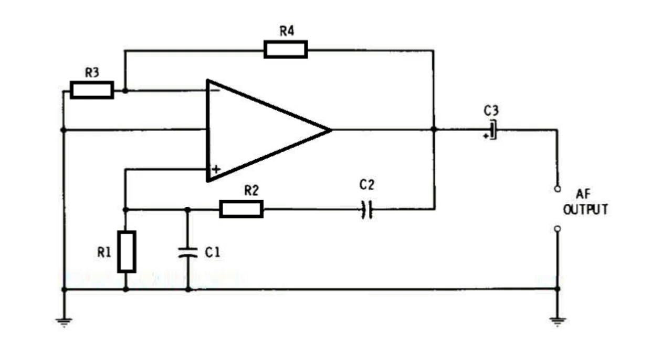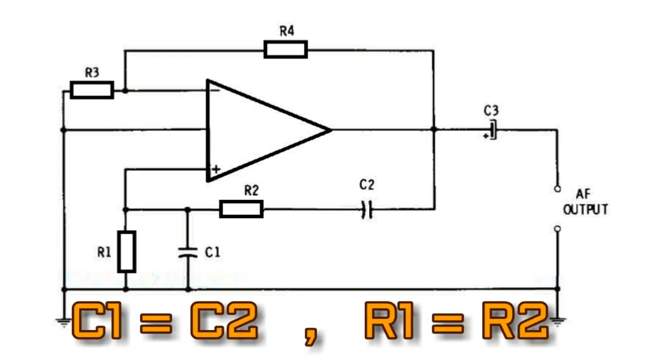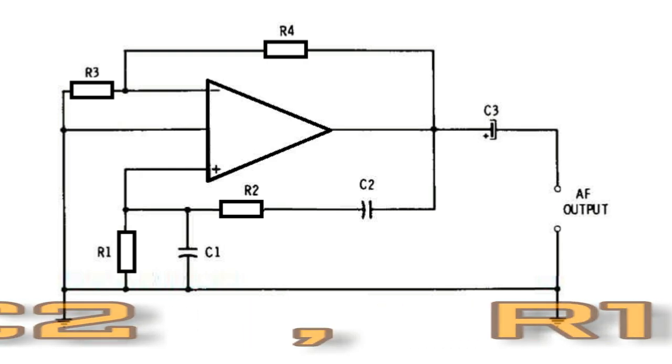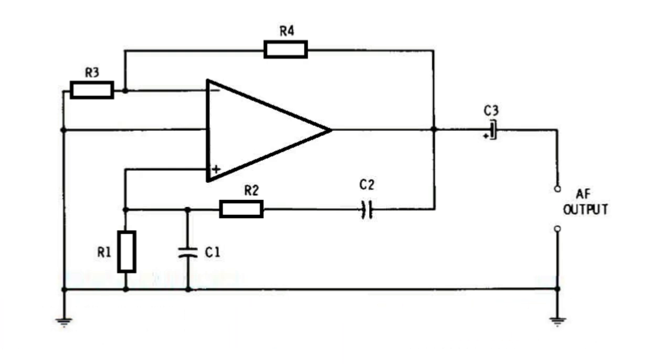The RC configuration is attached inside the positive feedback link on the non-inverting input terminal. In this configuration, C1 equals C2, R1 equals R2, and the frequency response can be determined using this equation.